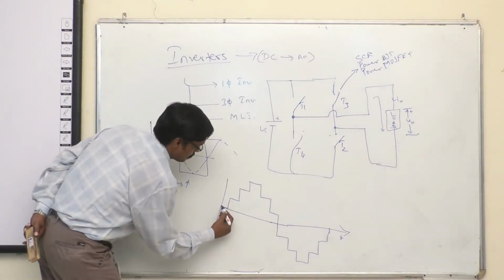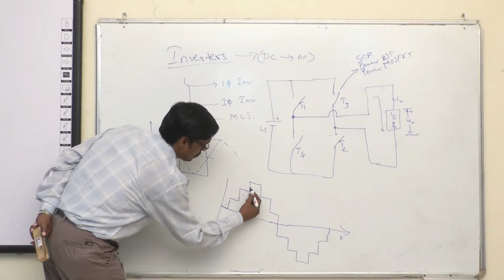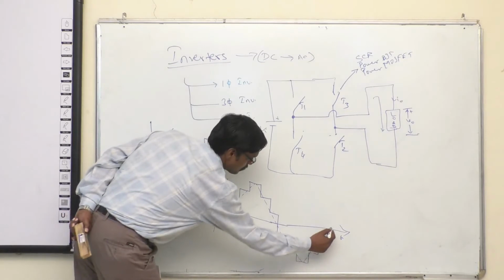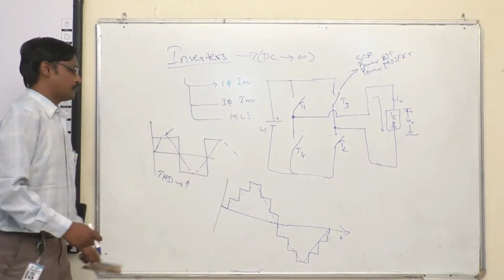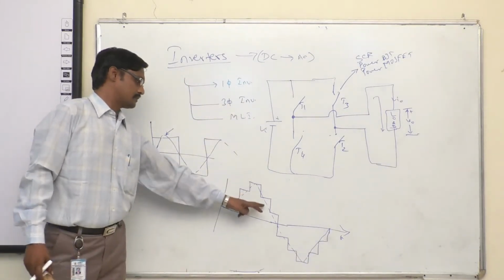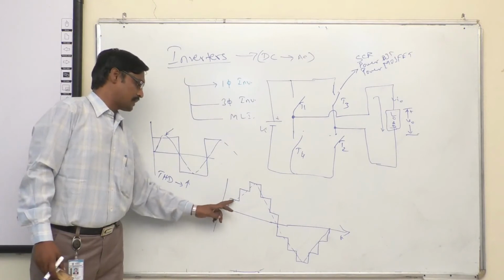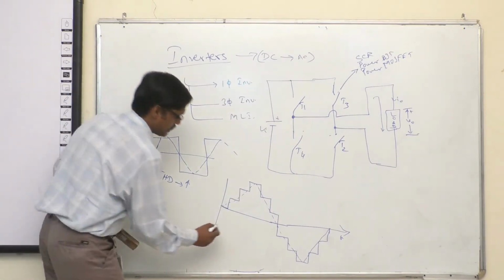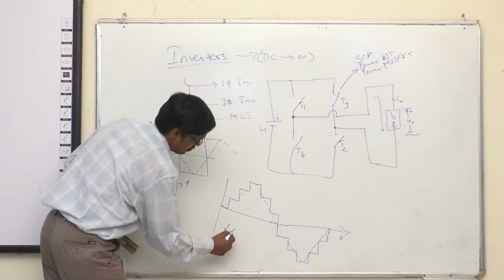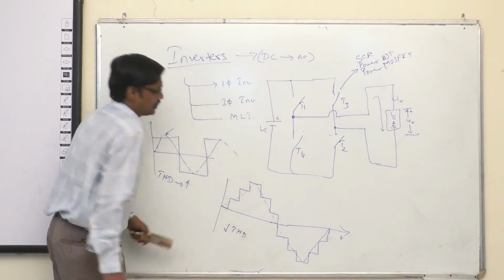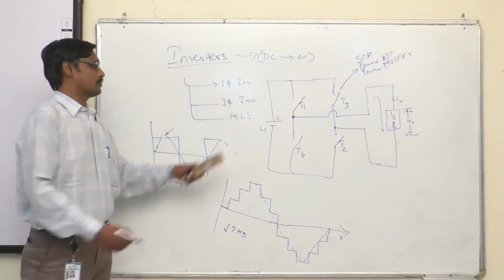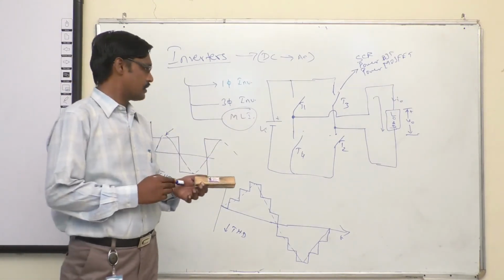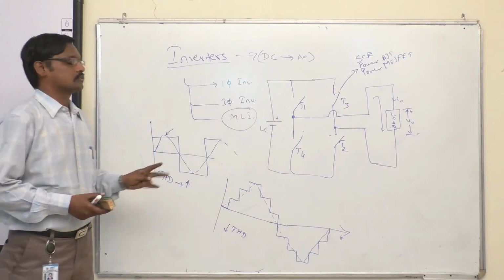Now, if you take the fundamental of this, the fundamental output voltage is going to be like this. When you compare this fundamental waveform and the actual waveform, the distortion is less. So here the THD value is somewhat reduced. For this advantage we go for multi-level inverters. This is a recent technology we have. So that's all.